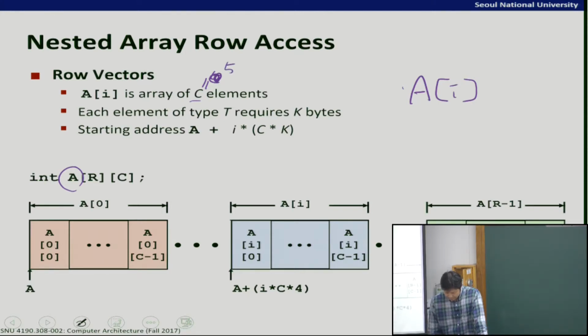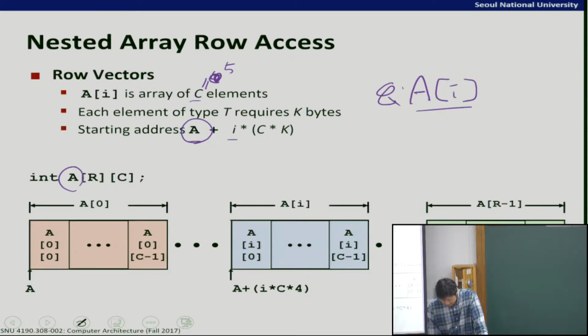Like in the previous zipdig example, each element of type T requires K bytes. So let's say you want to access the ith row, then the starting address of A of I will be computed as A plus I times C times K, right?